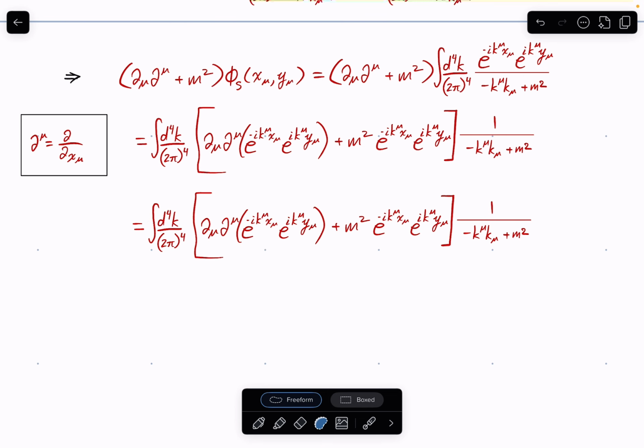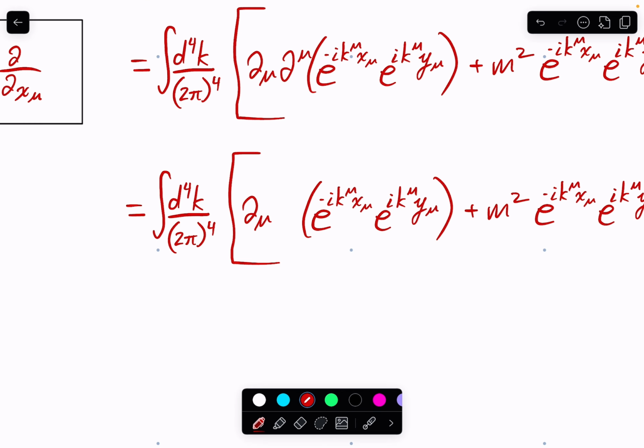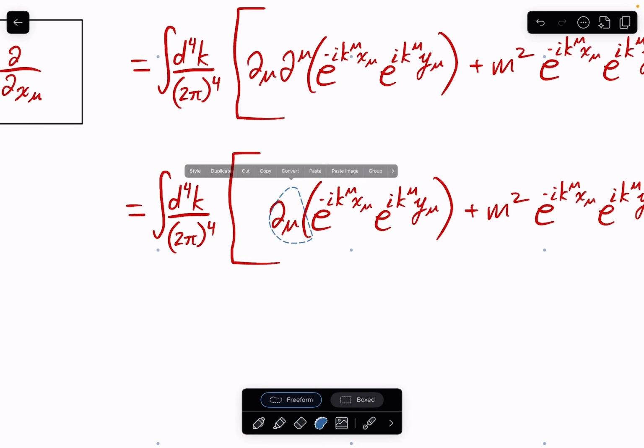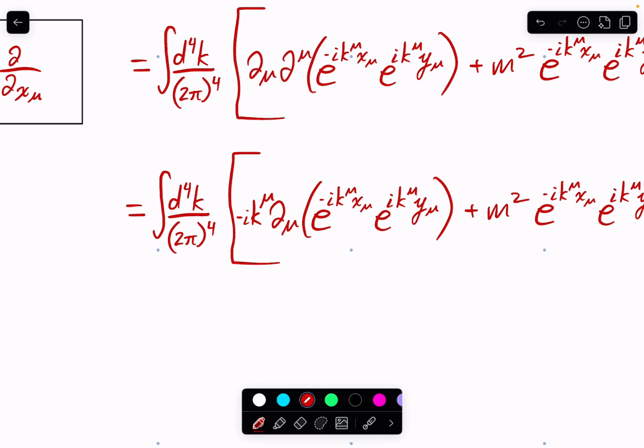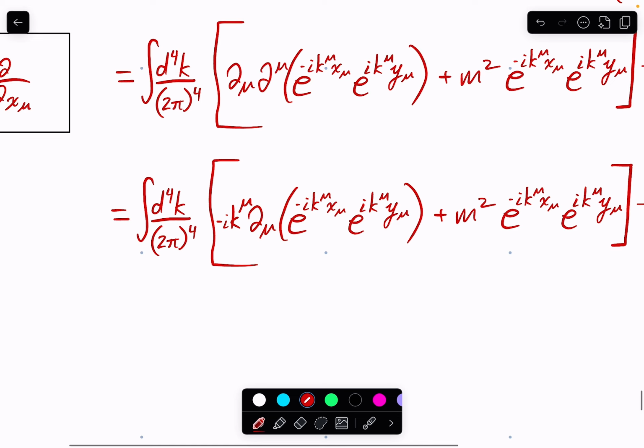So moving to the next step in the equation, taking the derivative here gets rid of this, and we end up with this still here, but we end up with a minus i k superscript mu, like so.